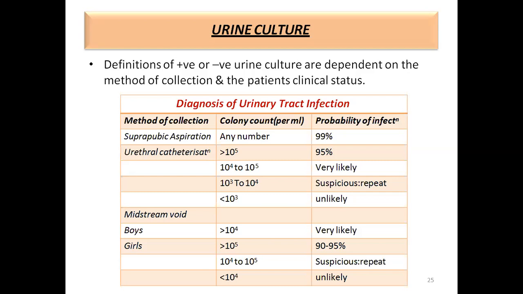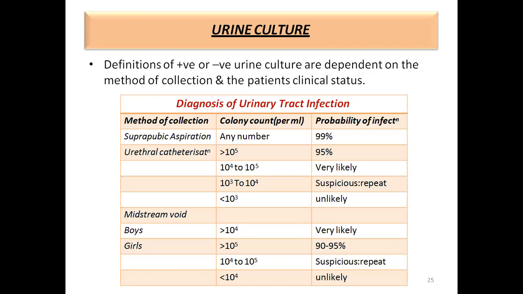As we have seen, there are different methods of collecting the urine sample. One was suprapubic aspiration, which was very specific and highly accurate. So any number of colony count, even a smaller number, will give you an exact estimation that the infection is present or not. In case we go for urethral catheterization, if it's more than 10 to the power 5, there is a 95% chance that there is an infection.